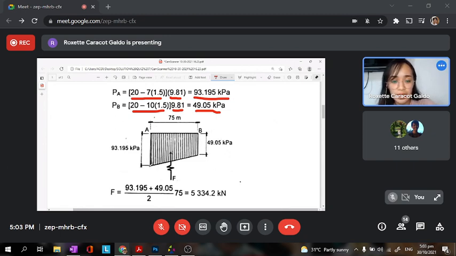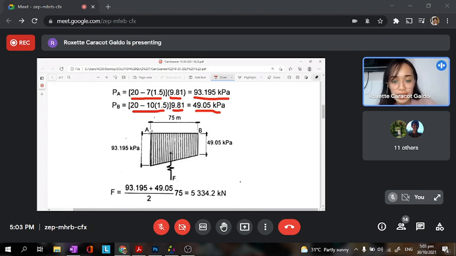So di ba actually, when you convert a uniformly distributed load or the varying distributed load, the force is just equal to the area of that load. If you're going to get the force caused by that pressure or that stress, you just have to compute its area.